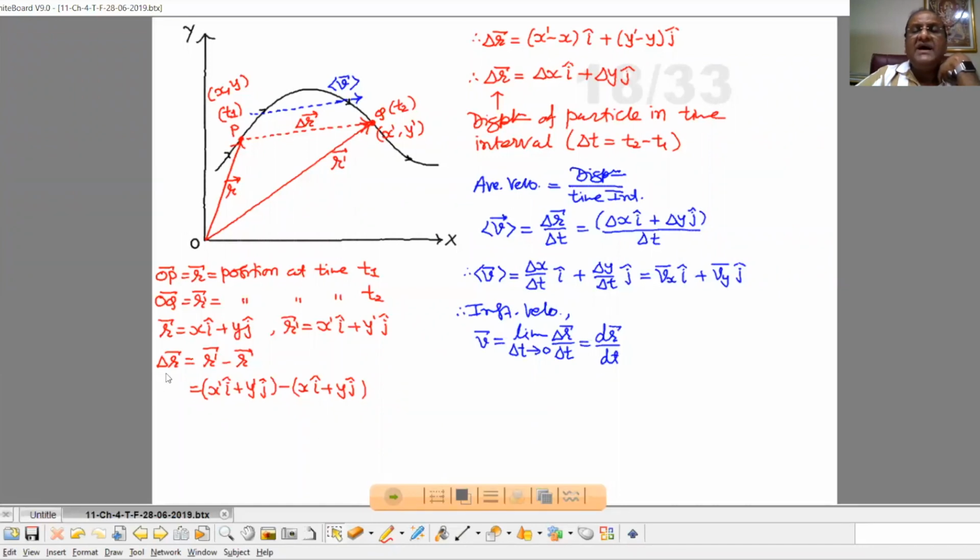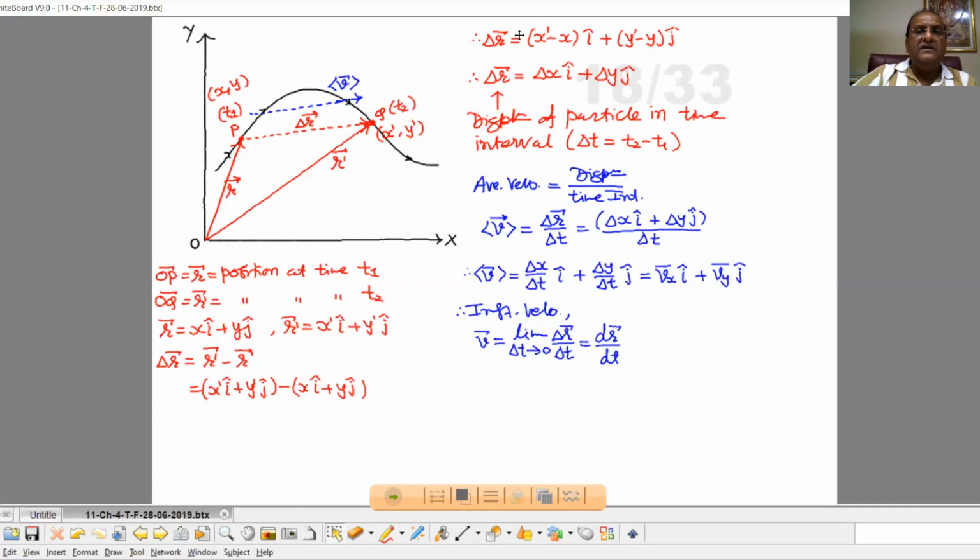So delta r, the change in position, is the vector PQ. Delta r is the final position minus the initial position, so vector r dash minus vector r, that is (x dash i caret plus y dash j caret) minus (x i caret plus y j caret).